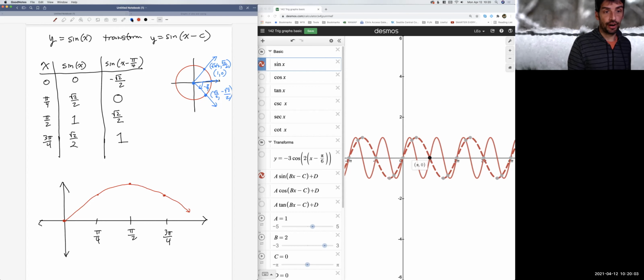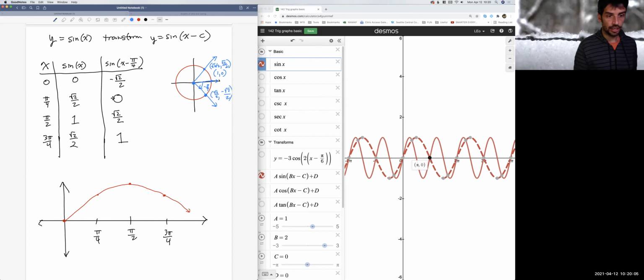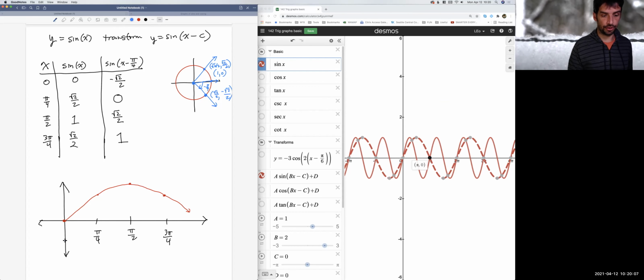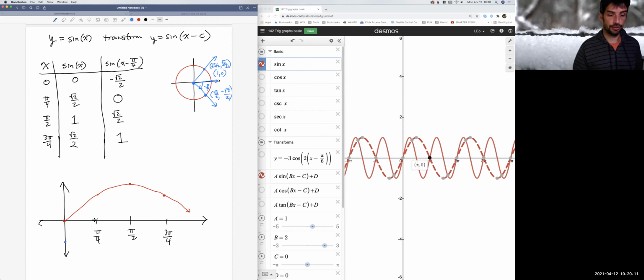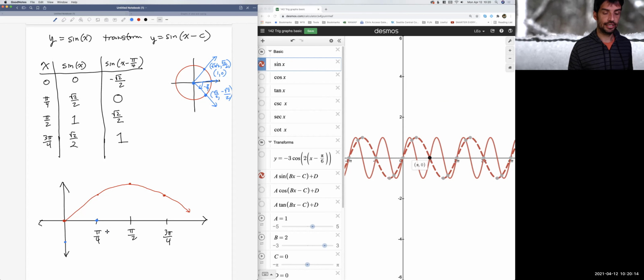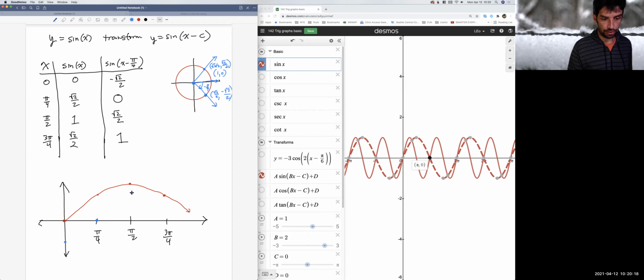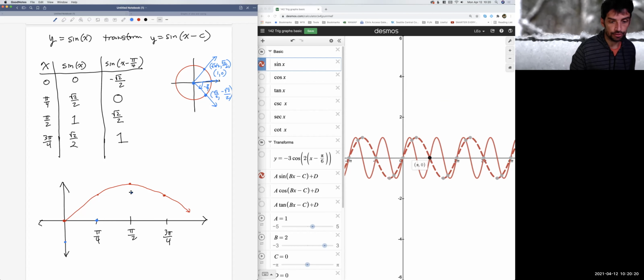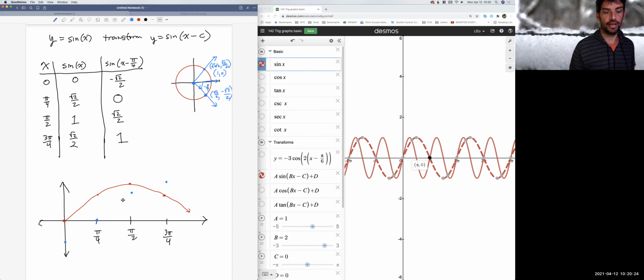This shifted graph, well, we start when the input's 0, we're starting down below at negative root 2 over 2. We're hitting 0 here. By pi over 2, we're at the value root 2 over 2, and by 3 pi over 4, we're at the value 1.